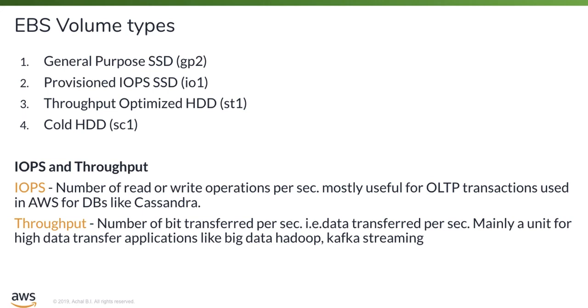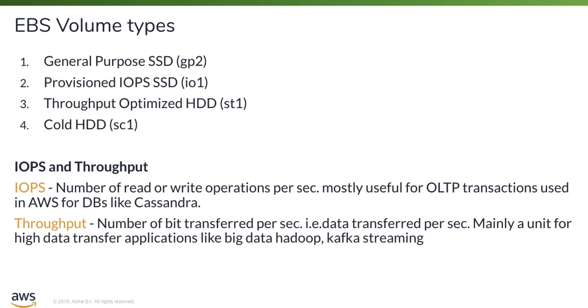So what is IOPS and what is throughput? The number of read and write operations is used to find the IO operations per second, mostly used for OLTP transactions. If you are deploying a Cassandra database within your EBS volume, then you might have to go with provisioned IOPS SSD or general purpose SSD.